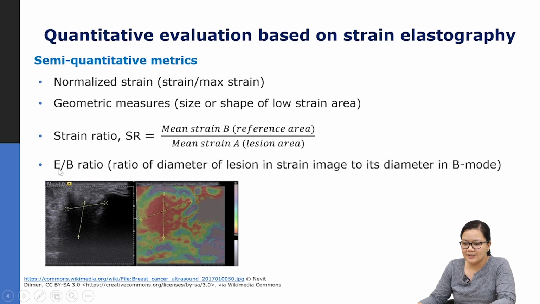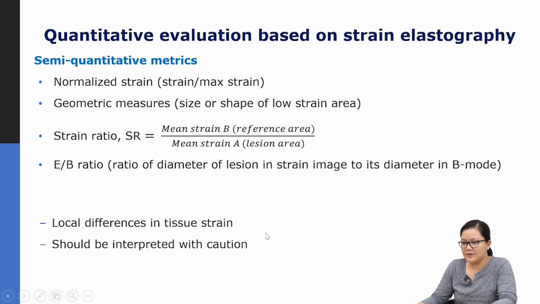And then here, this is an E to B ratio. This is the ratio of the diameter of the lesion in the strain image versus the diameter in the B-mode image. Here's an example where I show that in the B-mode image, the clinician is trying to measure the size of the lesion. In the strain elastogram image here, you can see that there could be some differences in the size of the lesion as well.